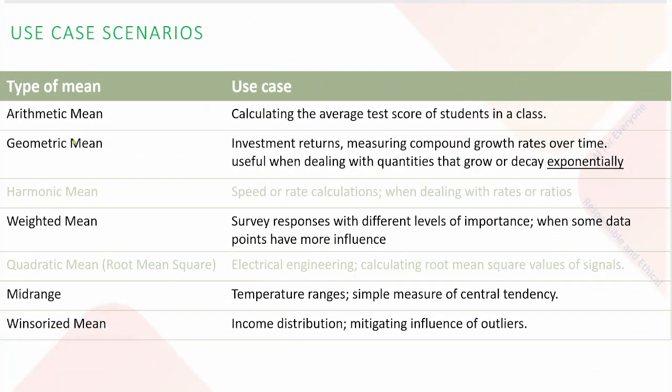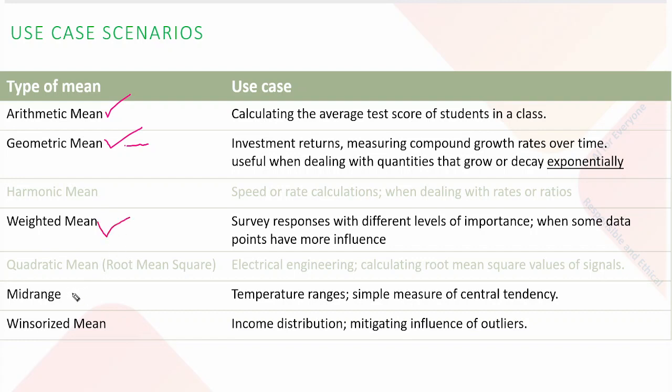In the next slide, I've highlighted the ones that we mostly see in the field of typical data science or machine learning, which are arithmetic mean, geometric mean sometimes, not always, harmonic mean not really so much, and weighted mean.